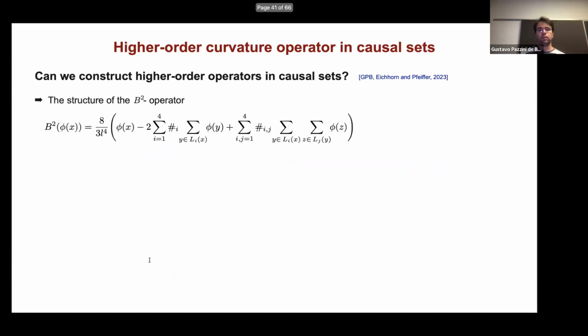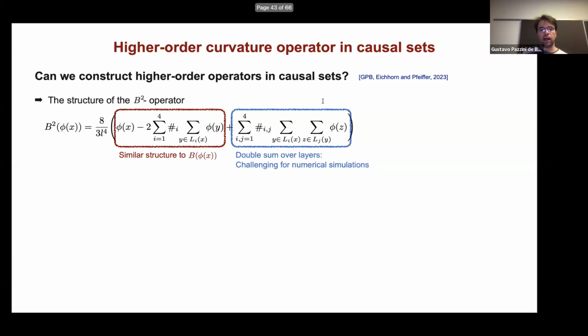I get this expression, which I can expand a bit more. The structure of the B square operator looks like this. In particular, I have my scalar field and then a sum with some coefficients over one layer, essentially. So it can be the first, second, third, and fourth layer.